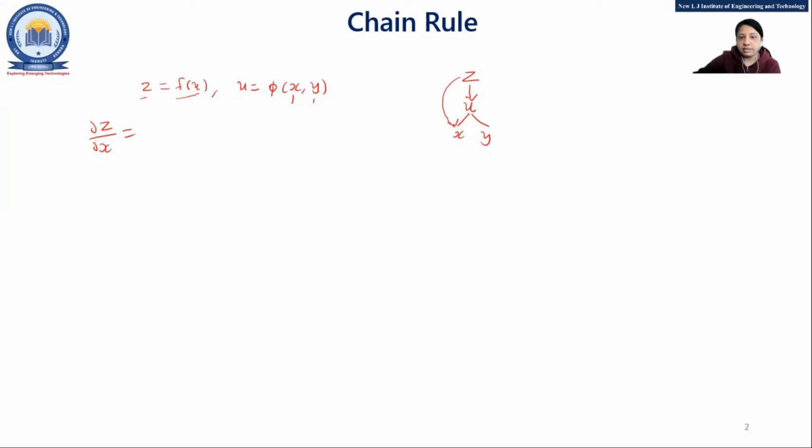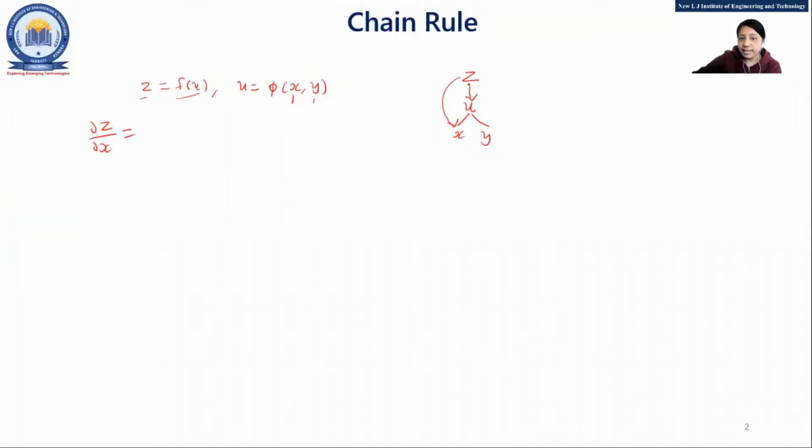Now in the definition, we are going to use a partial derivative and an ordinary derivative. That is the important thing: where you are supposed to put a partial and where the ordinary, you need to take care of that. Now here, if you want to find del z by del x, first you have to reach u.